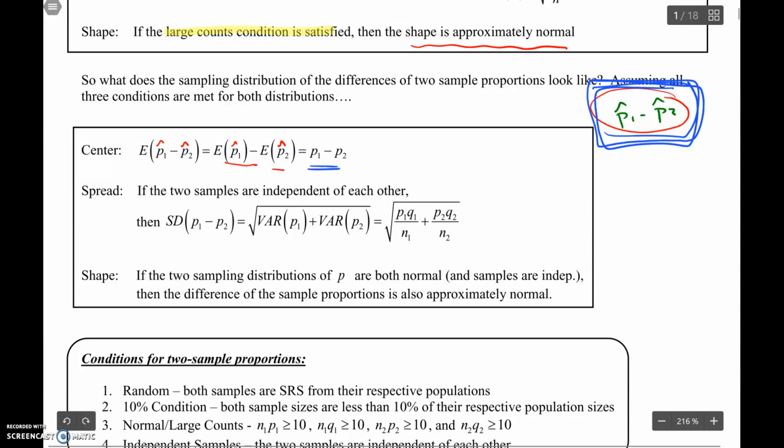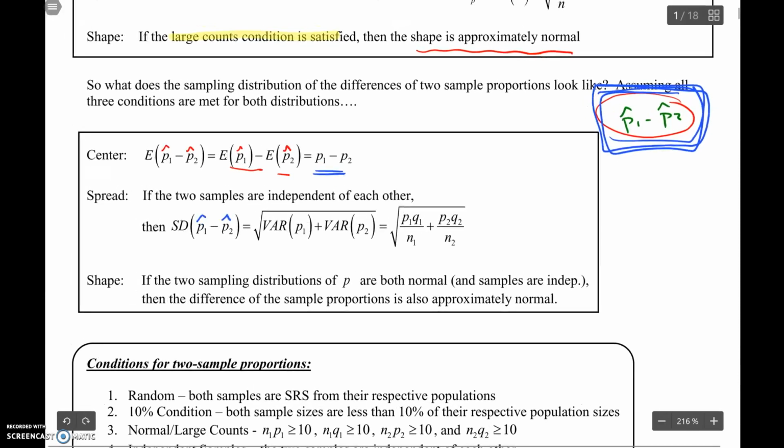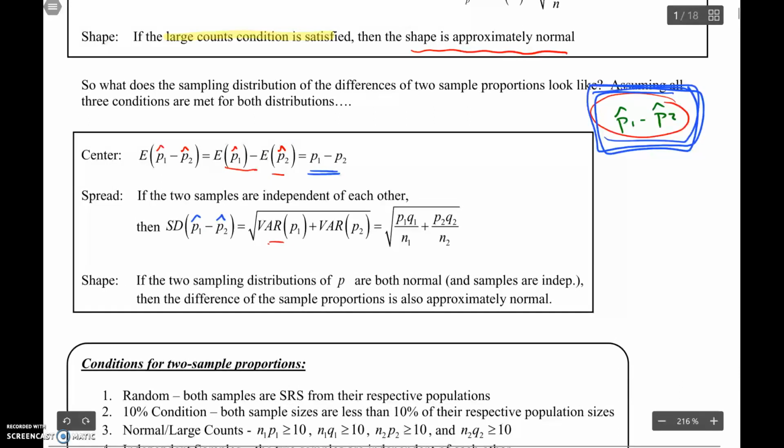Spread: as long as the two samples are independent, then to find the standard deviation of the difference of two sample proportions, we add the variances of the two random variables, right? If you want to combine two random variables using a difference, as long as they're independent, then you add the variances and then you square root to get back down to the standard deviation.